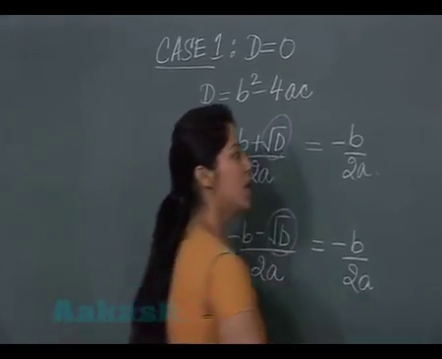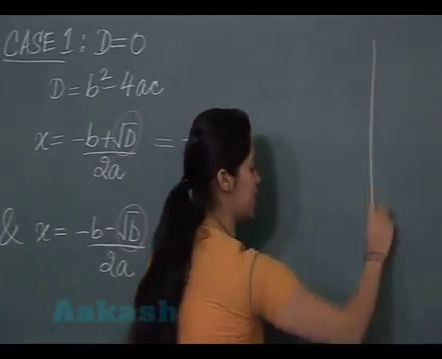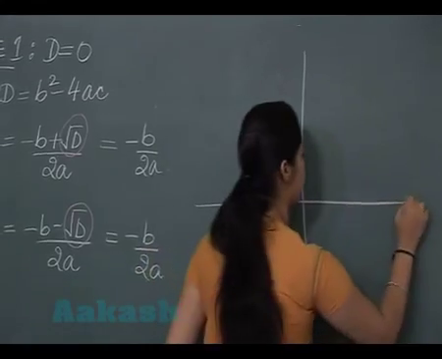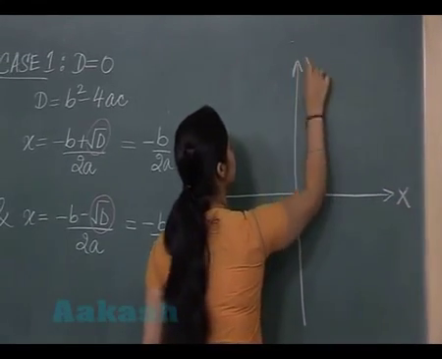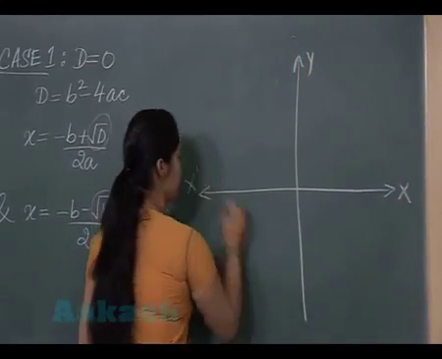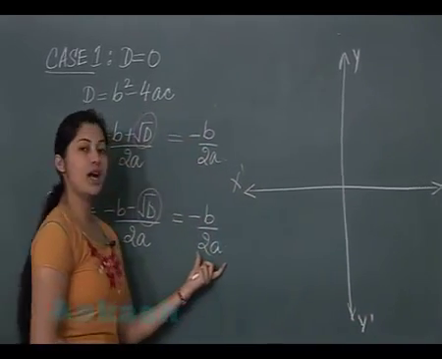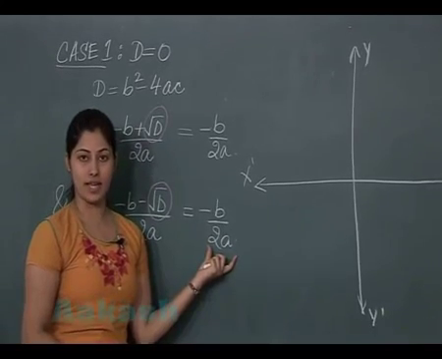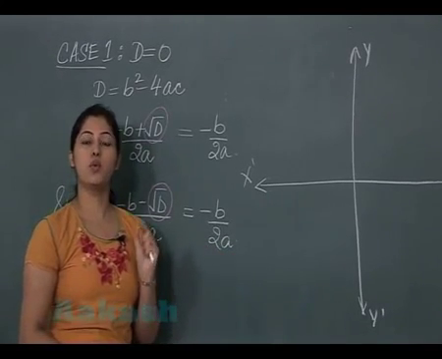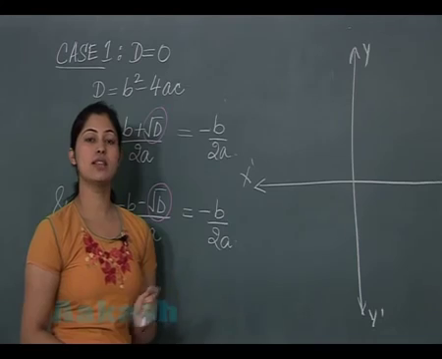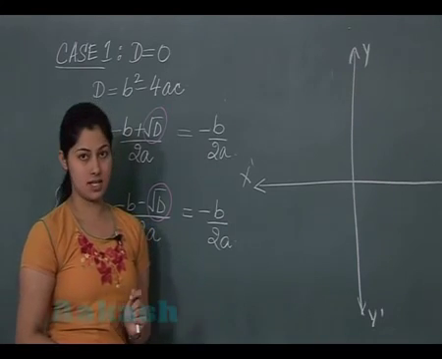Now we will look at it geometrically. This is the x-axis, y-axis, x dash, y dash. Now here we are getting only one value of x. That means there is only one value of x for which the quadratic equation becomes 0.